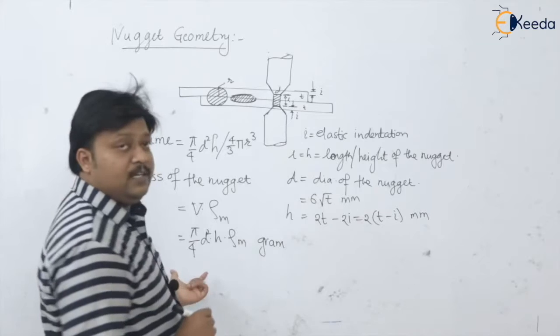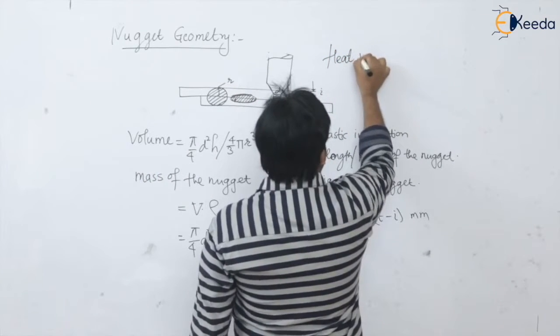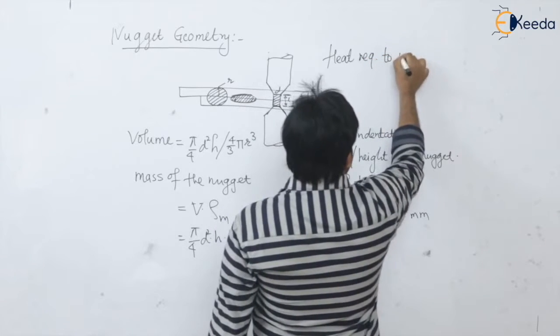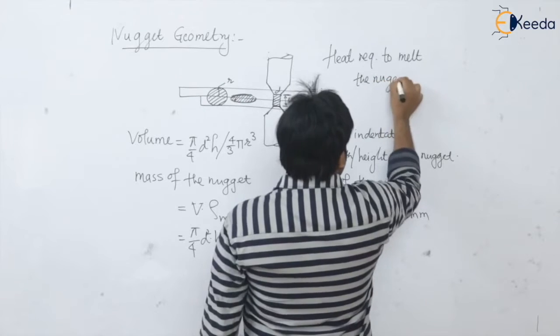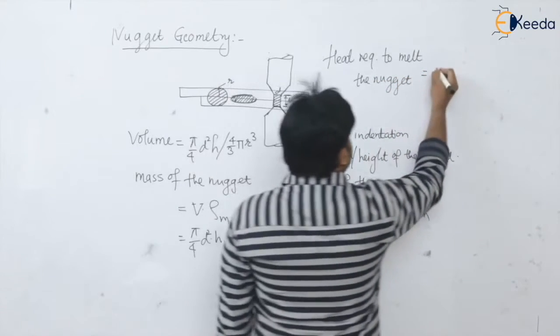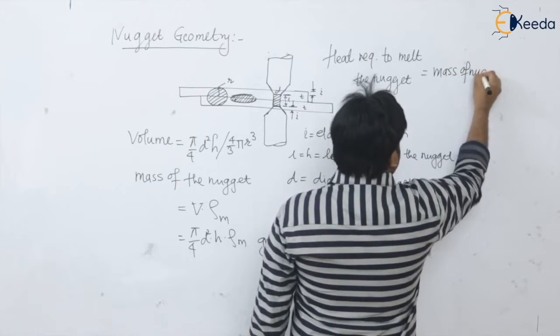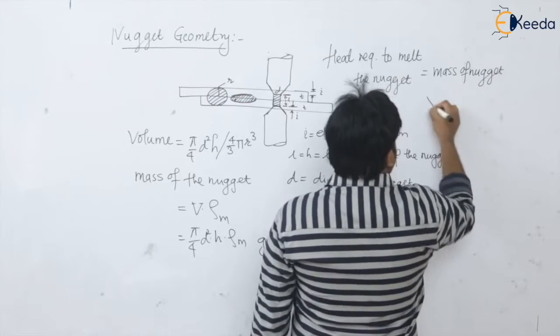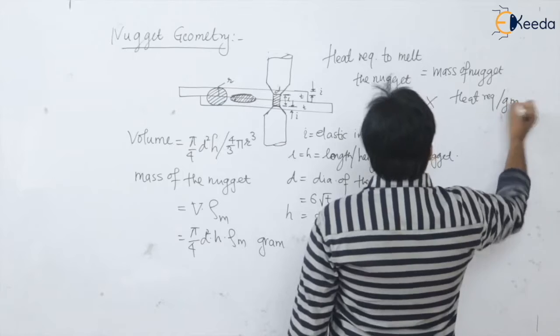Then the heat required to melt the nugget is equal to the mass of the nugget times the heat required per unit gram.